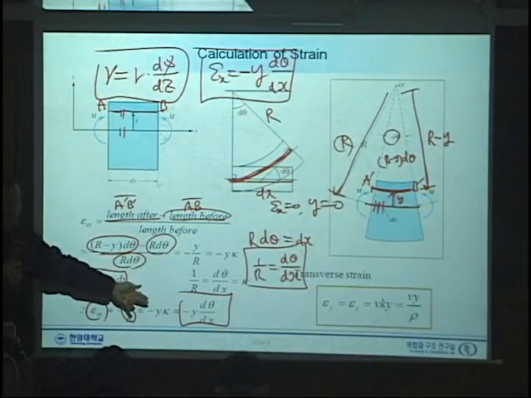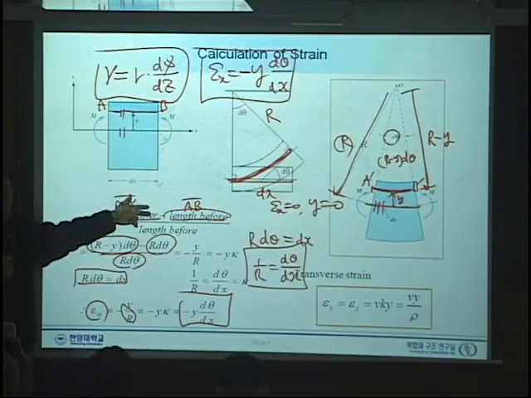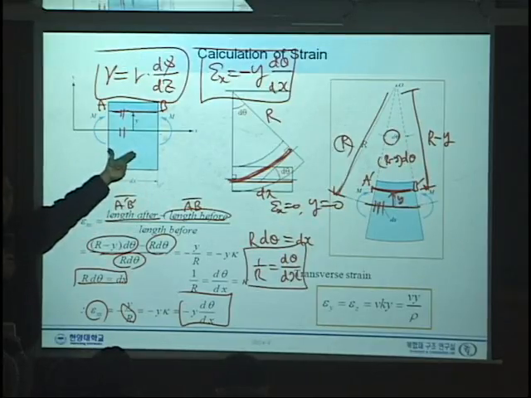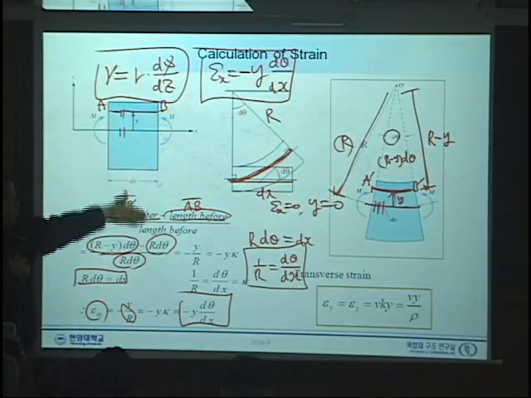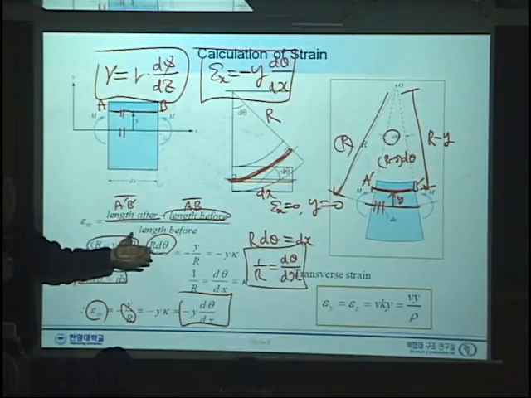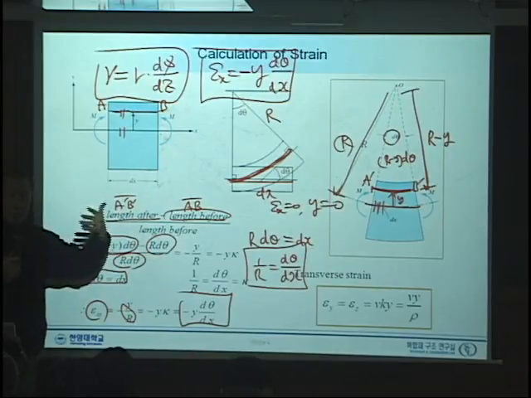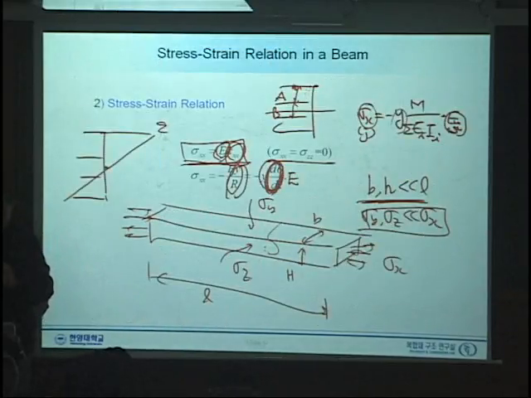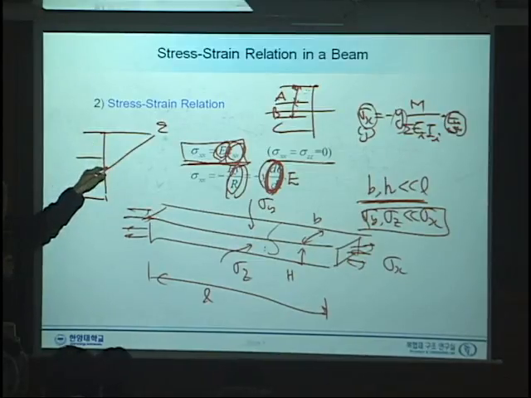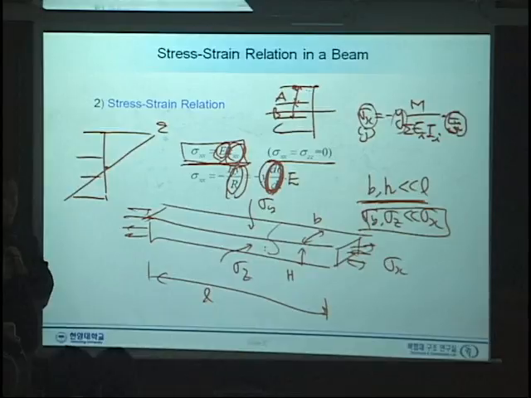From this observation, we do not make any assumption for material properties, meaning that this procedure and this observation apply to any combination of materials. So it is always linear. Even for this layered beam, strain is always linear.